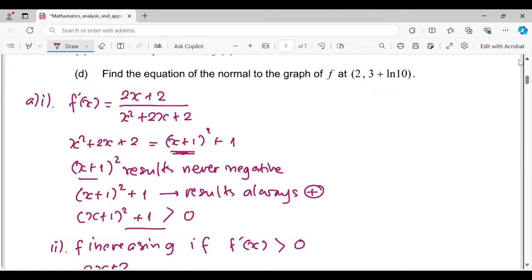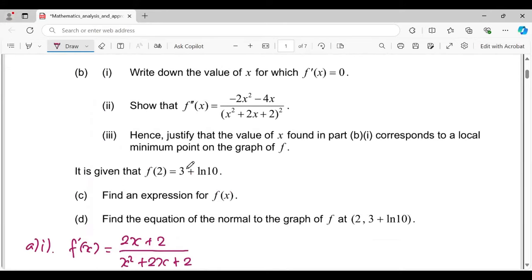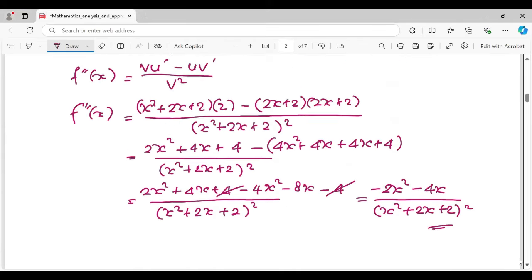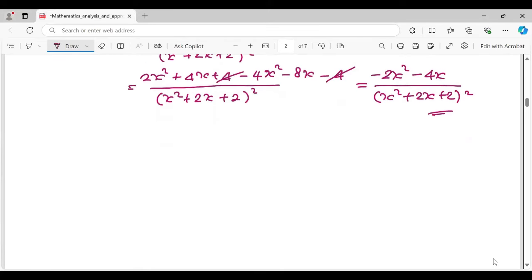Next, part 3. Hence, justify that the value of x found in B, part 1, x equals minus 1, corresponds to a local minimum point on the graph of f. We're going to find the local minimum. According to B part 1, x equals negative 1.